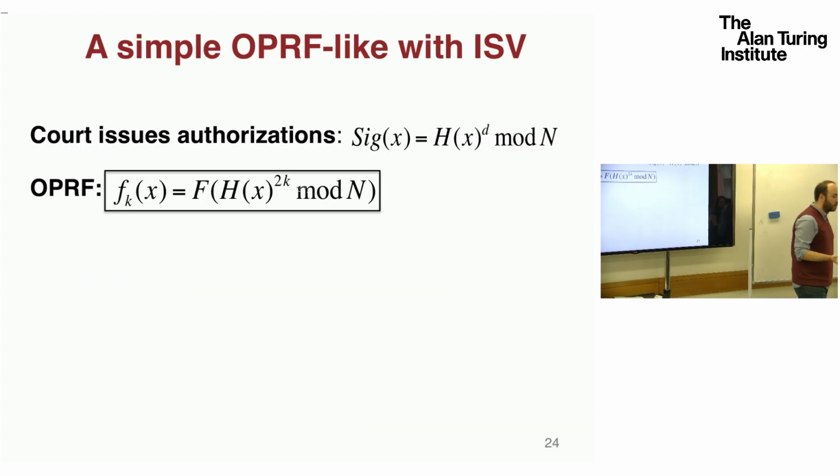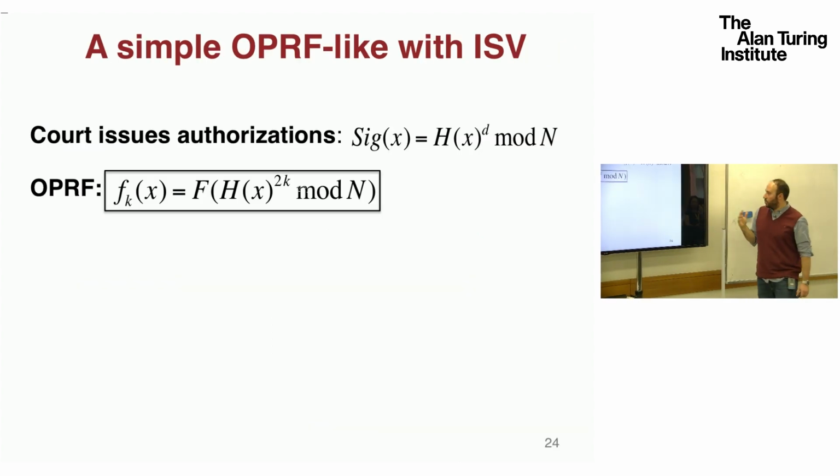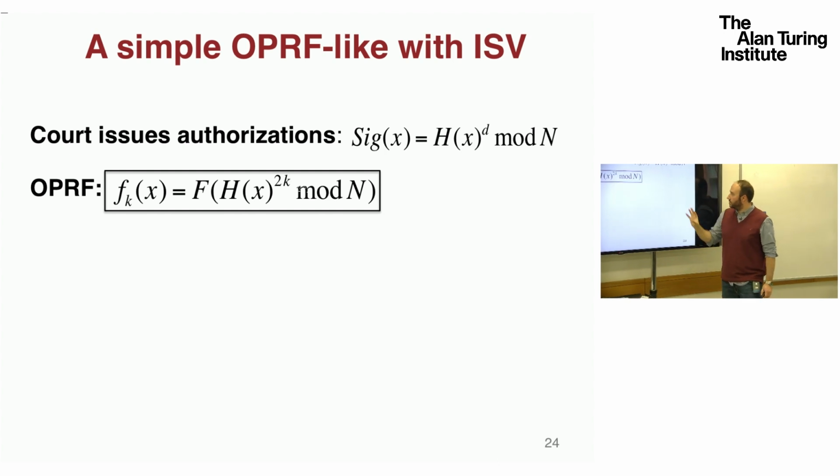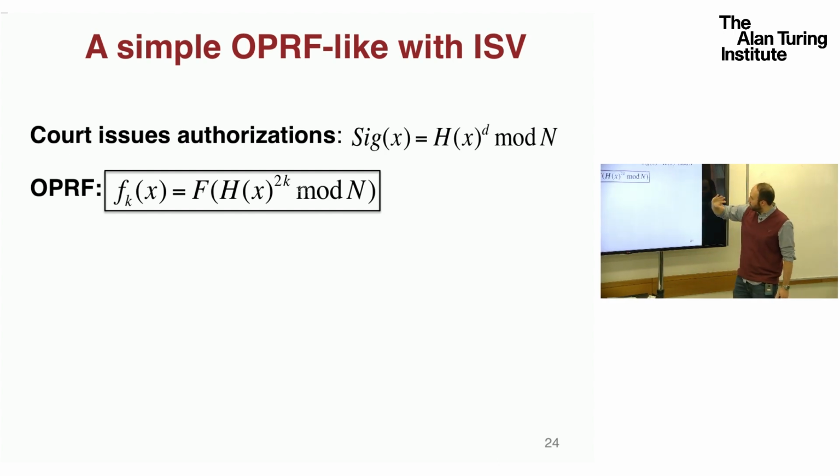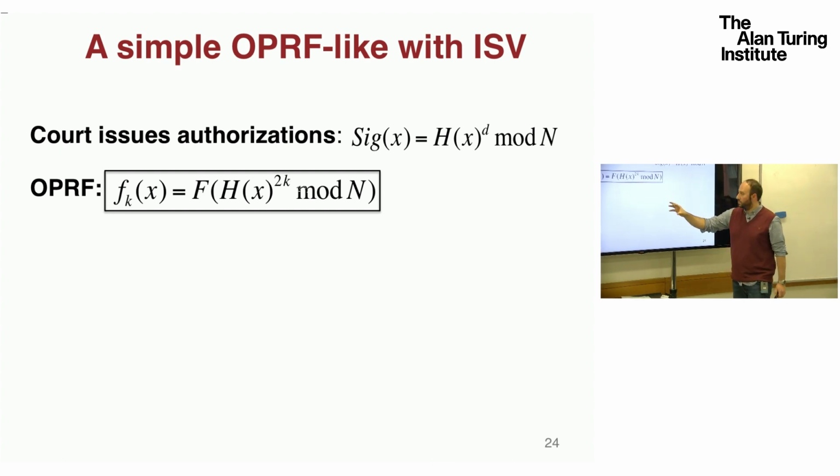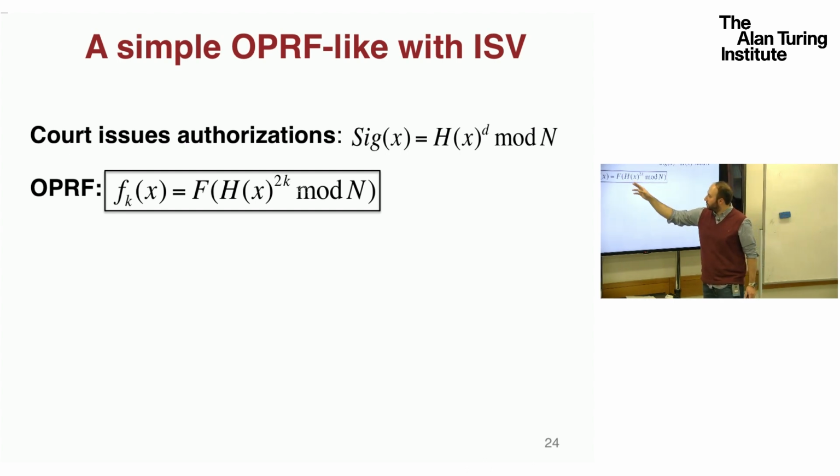There are several ways, but one way that we have is to use signatures just like standard RSA signatures. Now this OPRF with implicit signature verification is built as the hash of the value x to the power of 2k, where k is the secret key, and you compute a one-way function f over that.